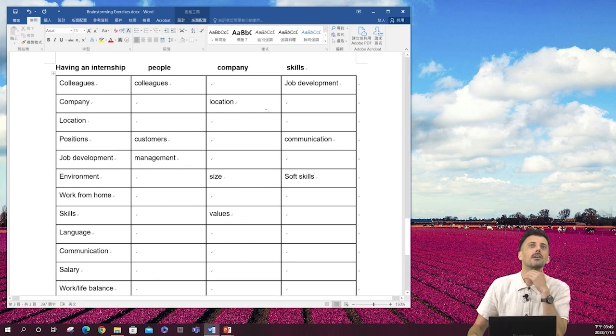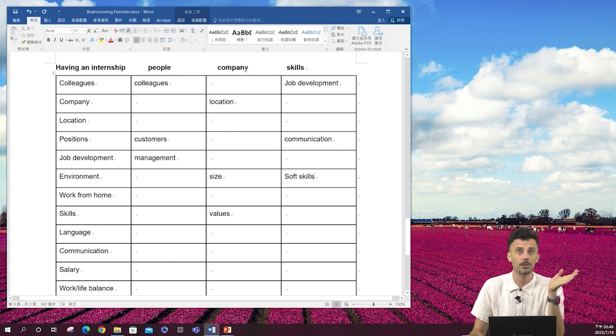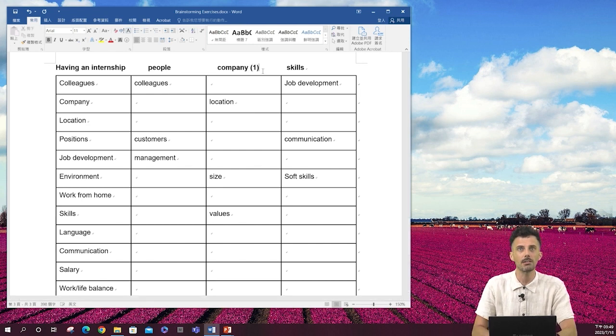And then the last part is to organize which order would be the best way to do a presentation about your internship. Maybe I would say first, you would highlight what the company is. Second, maybe the people that you worked with. Oh, second, sorry.